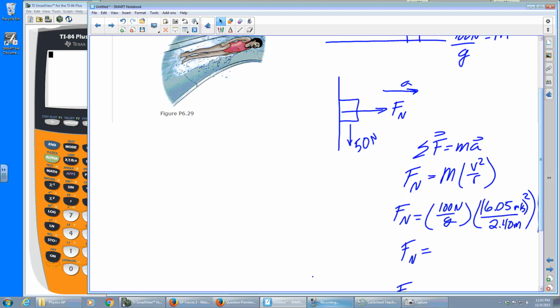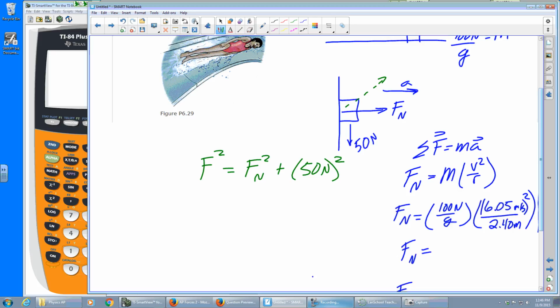I think we're at 50 newtons. So the actual force that her neck has to exert is going to be in this direction, where F squared will equal the normal force squared plus, here I'm calling it, 50 newtons squared. So she has to keep it from going down as well.